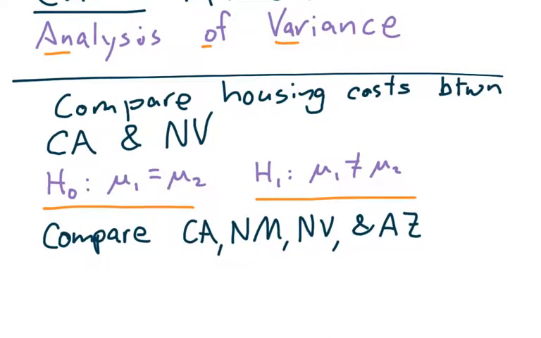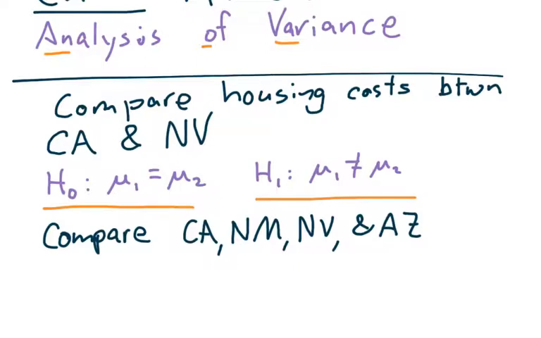So let us suppose, for instance, that we wanted to compare more than just two states. Let's say we wanted to examine the differences between these four states: California, New Mexico, Nevada, and Arizona. I hope I got those abbreviations correct. And forgive my geography, but I think they're near each other.